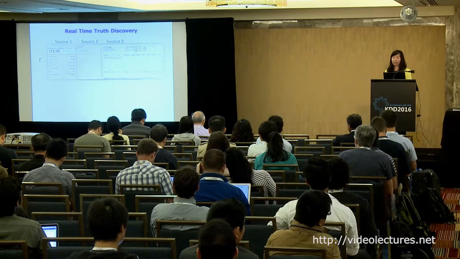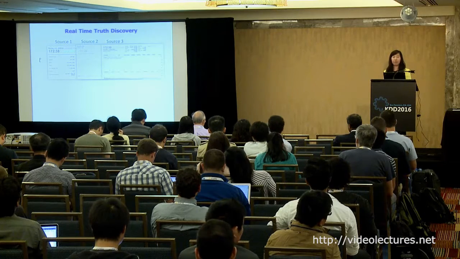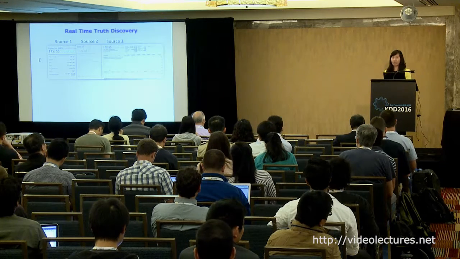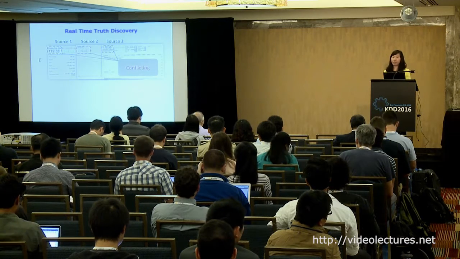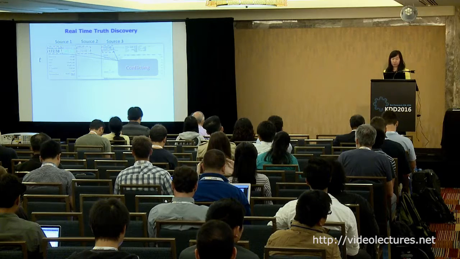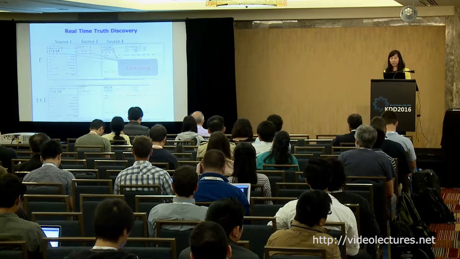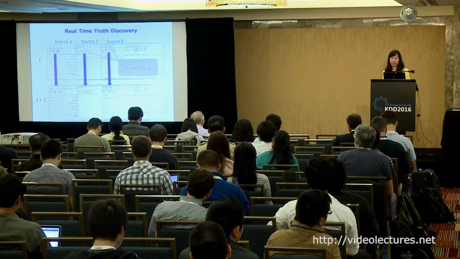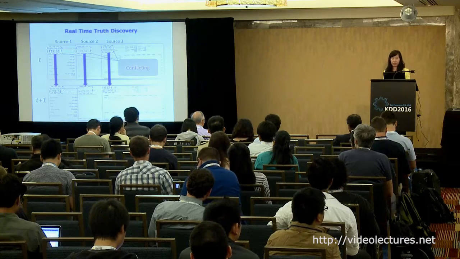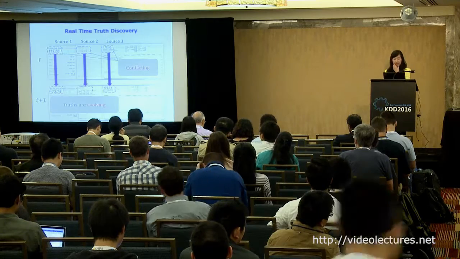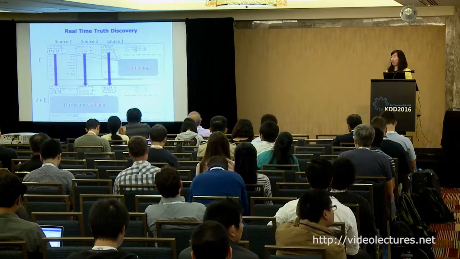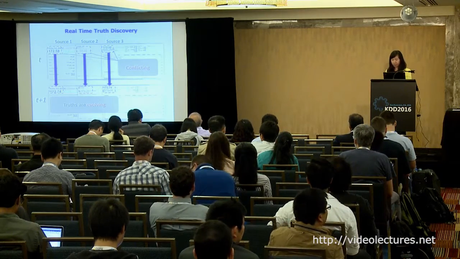Suppose we have multiple websites that provide information about stock prices, but they have conflicting information, and we want to find out the truth. But as we know, the stock price is constantly changing, so the truth itself is evolving. How can we conduct real-time truth discovery?